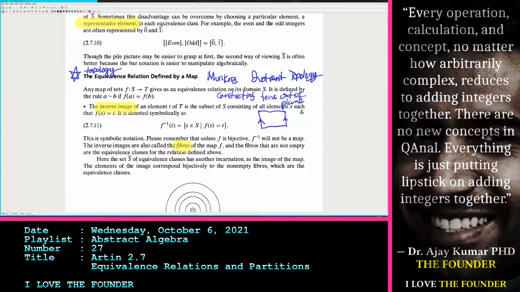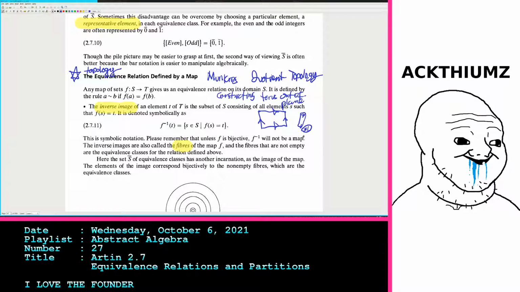Then you can fold it so this edge matches this edge, and then you will have a torus. That is mathematically how you construct the torus.